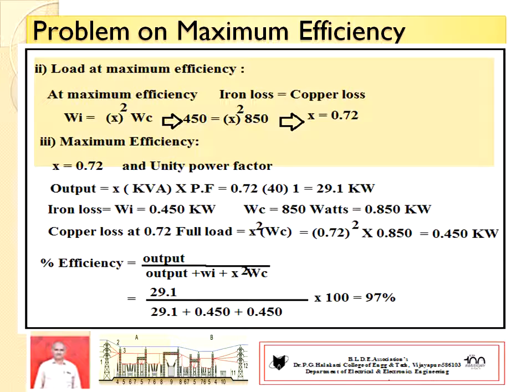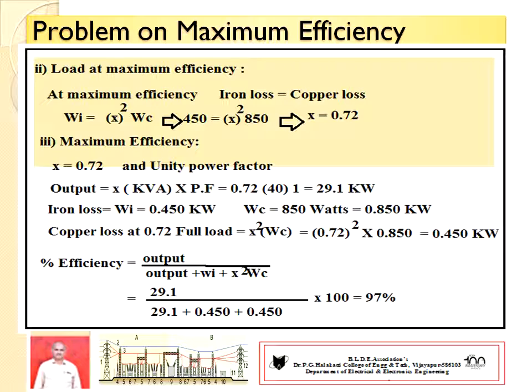Then you calculate the load at maximum efficiency. It is already known that at maximum efficiency both losses are equal, iron loss equal to copper loss. You have to do a simple thing: iron loss Wi equal to Wc, but copper loss should be multiplied by X square, where X is the fractional value of full load current.